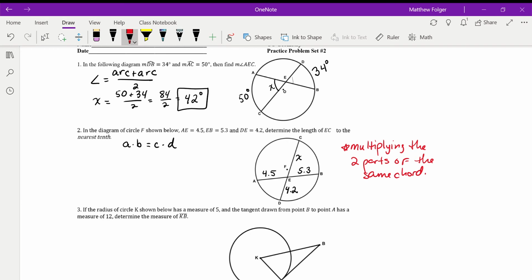So let's look at these first two parts here, 4.2 and X. So 4.2 times X is 4.2X. C times D, we have 4.5 and 5.3. So that equals 4.5 times 5.3. So at this point, we just need to multiply and then divide. So 4.5 times 5.3, let me get my calculator going here. 4.5 times 5.3, we get 23.85.